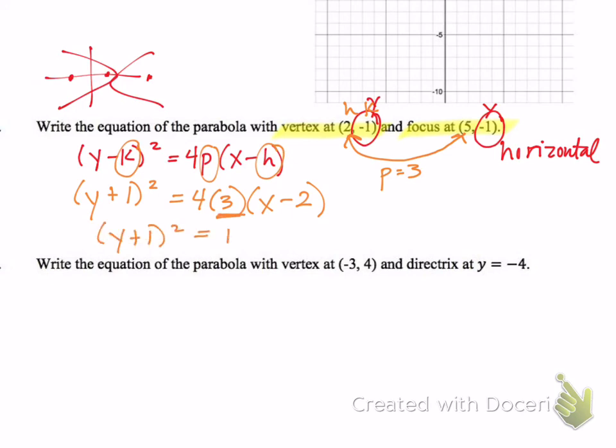Wait, so like 5 minus 2 squared and then square rooted? No, just 5 minus 2 is 3. That's my p, the distance from vertex to focus. Then I just plug that in. So that would be my final answer.